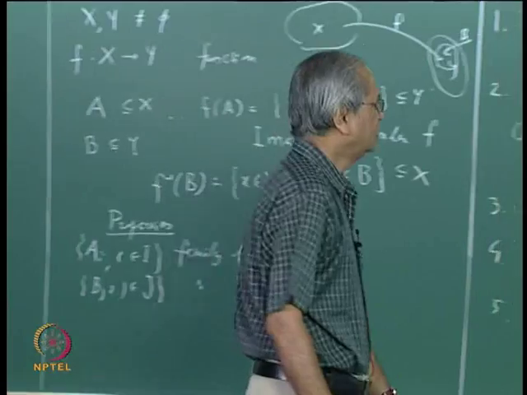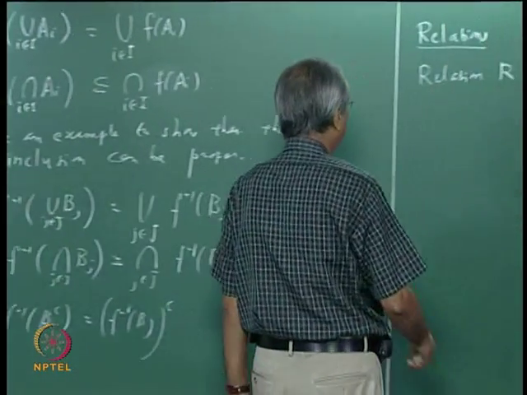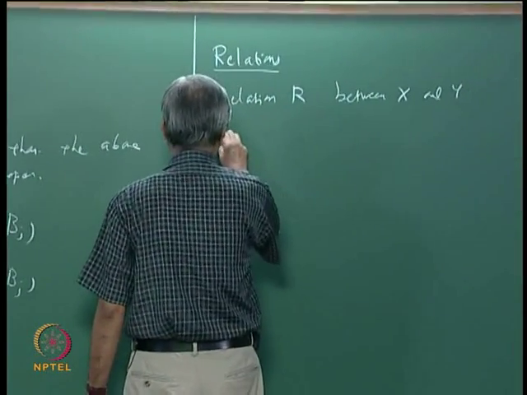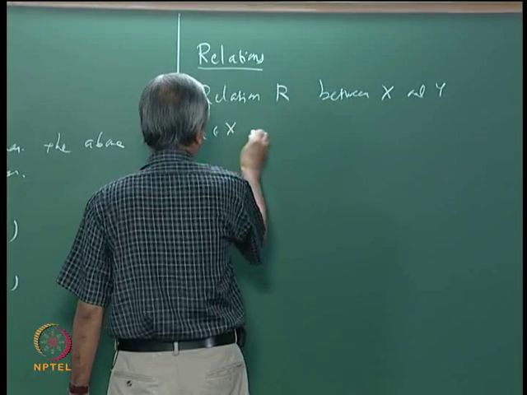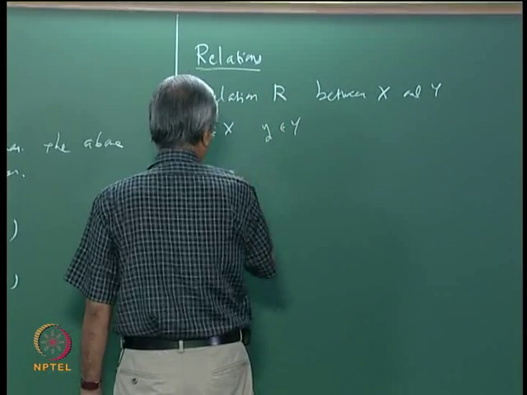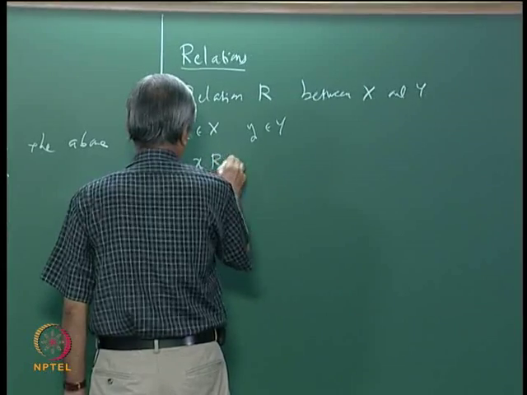So the usual way of denoting that is that we use this symbol. Let us suppose small x is in X and small y is in Y. We write x R y.